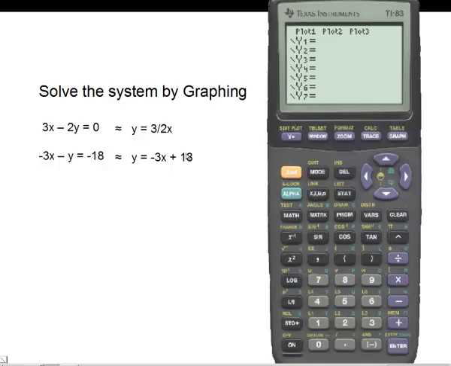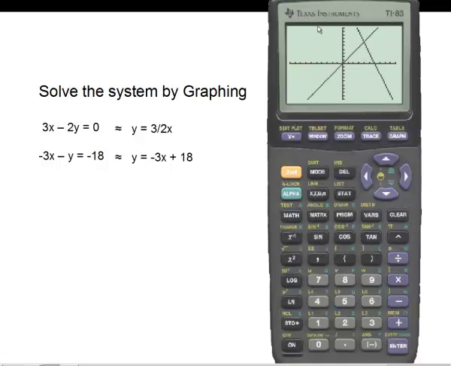For y sub 1, I'll put in the first equation, 3/2 x. For y sub 2, I'll put in the second equation, negative 3x plus 18. I'll simply graph by pressing zoom and 6, and it puts it in a standard negative 10 to positive 10 in increments of 1 for both the x and the y axis.